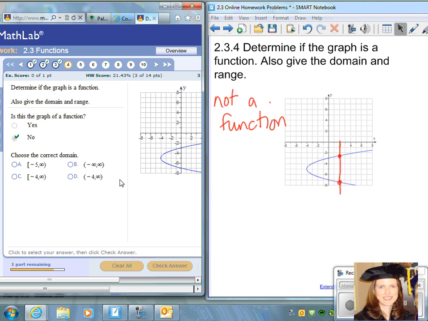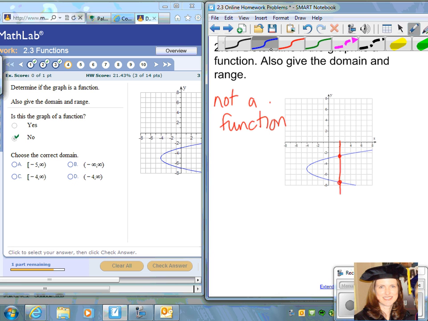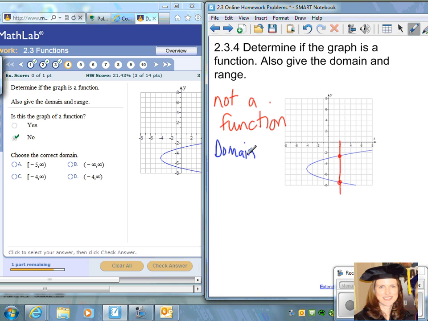To give the domain and the range, the domain is how far to the left the graph goes on the x-axis. If we look all the way over here, this is the farthest to the left that the graph goes. And that x value is -4, and it touches -4, so we're going to use a bracket here for -4.